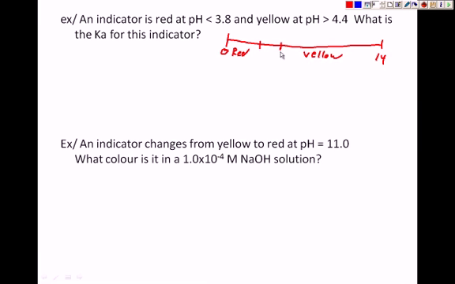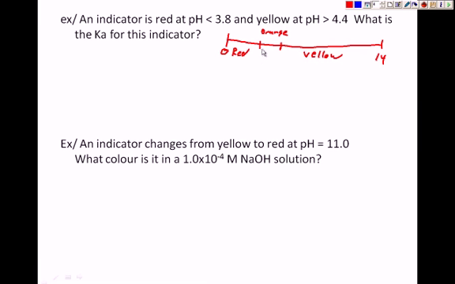In the middle right here it's orange. There's a bit of a transition point, but we want to find the exact middle point, or in other words the midpoint.